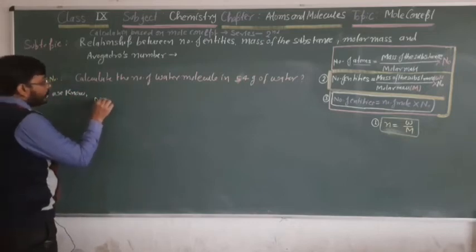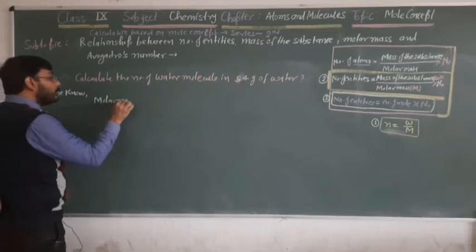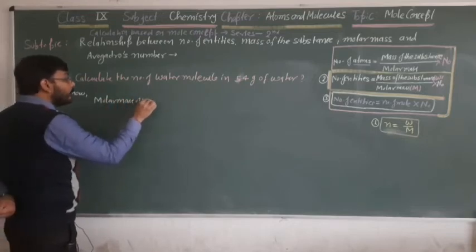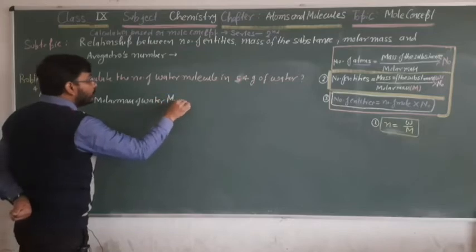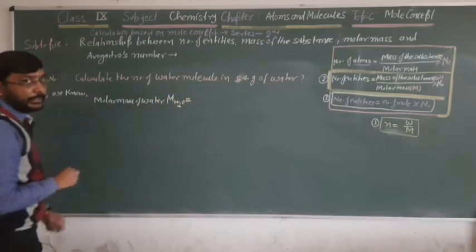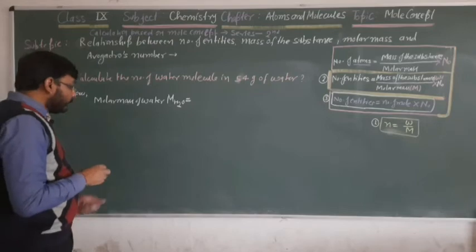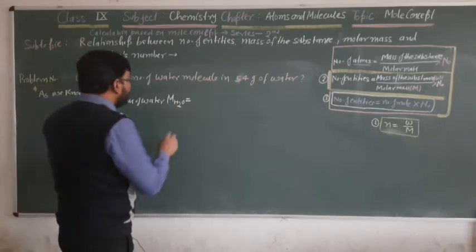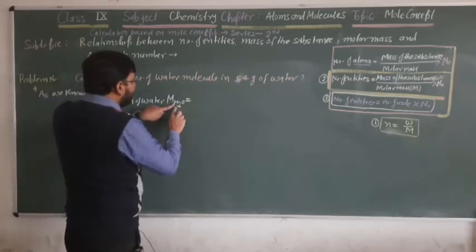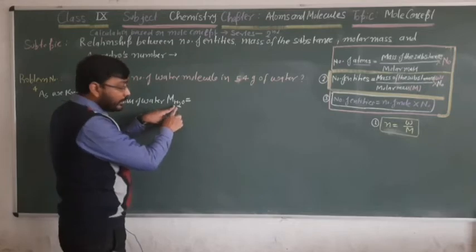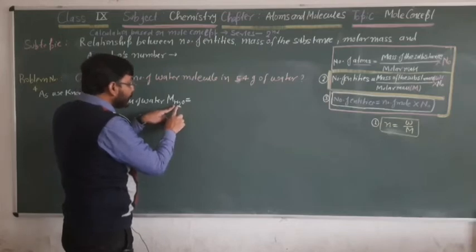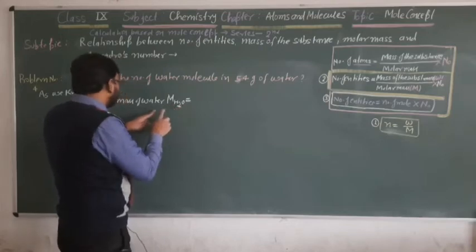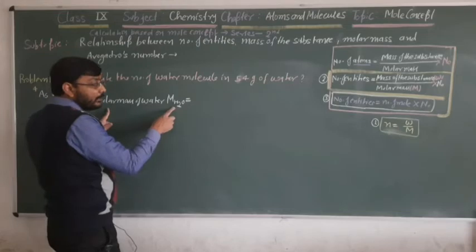Now see, as we know, the molar mass of water, M H2O. Here we need to calculate, and how we will calculate, just see. For the chemical formula of water, H2O, the sum of the molar mass of all involved atoms will be the molar mass of water.